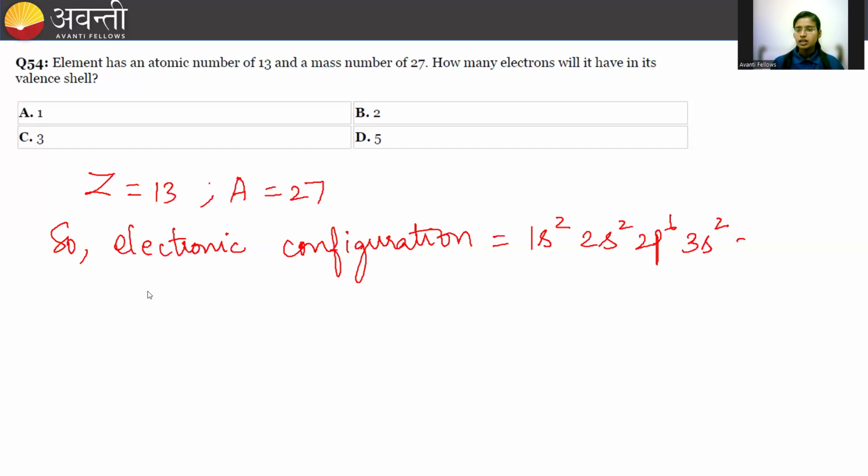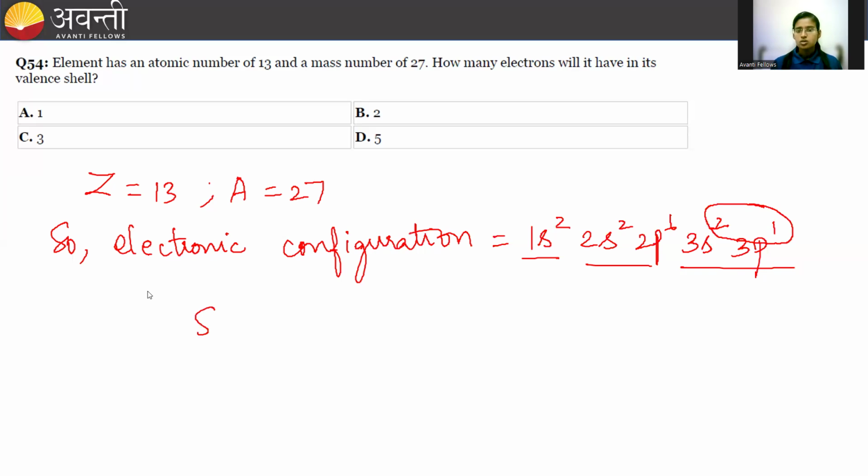3s2, and 3p1. Okay. So here you can see that the electrons are filled in the 3 shells. Okay. So whereas we have 1s and 2s2p and 3s3p. So valence shell means the outermost shell. Okay. So outermost shell is the third shell. And the number of electrons present in this third shell is 3.